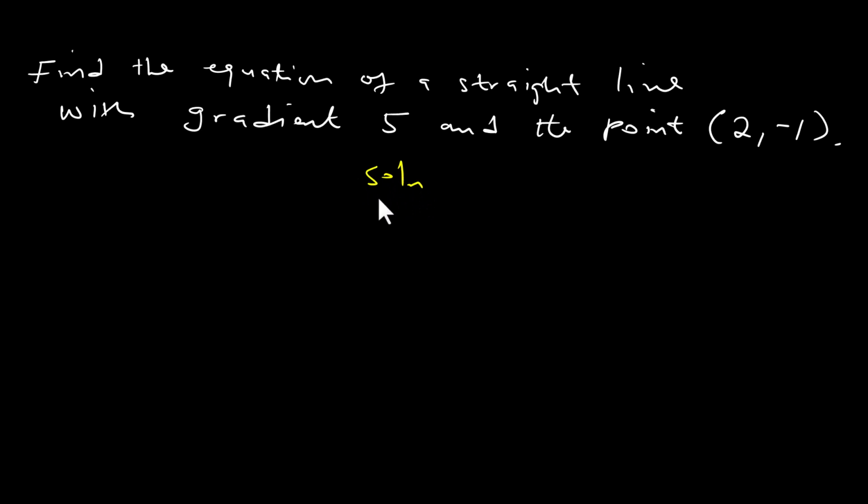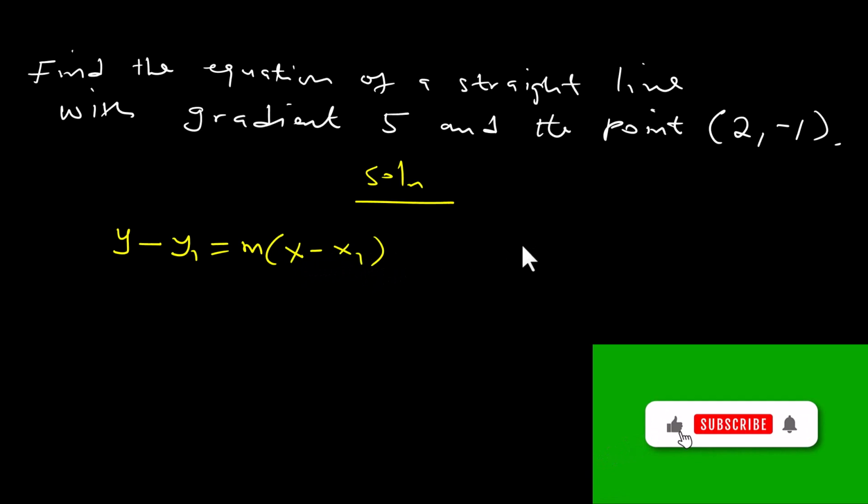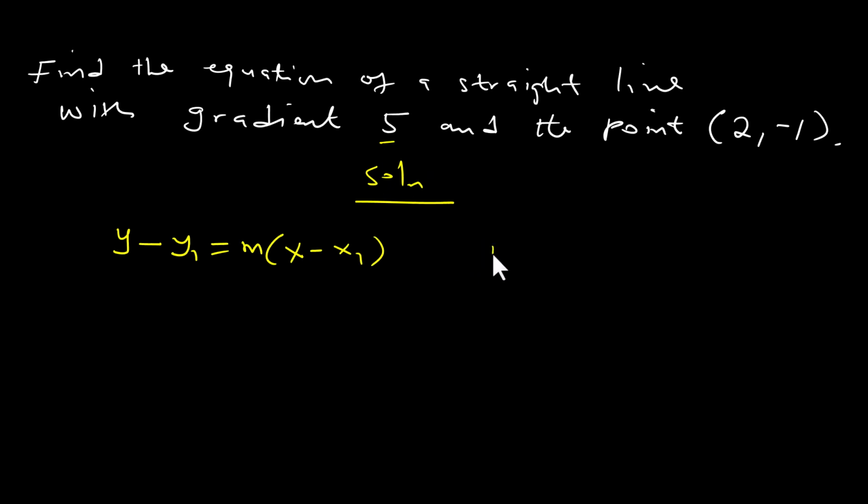So we know the formula is y minus y1 equals our slope times x minus x1. Now the slope has been given, so my m is 5 and my point here is (2, minus 1).